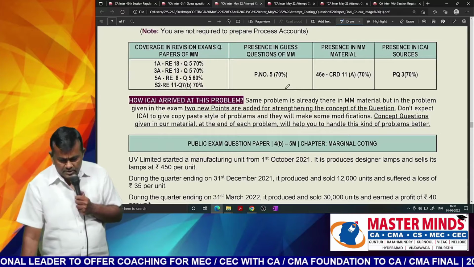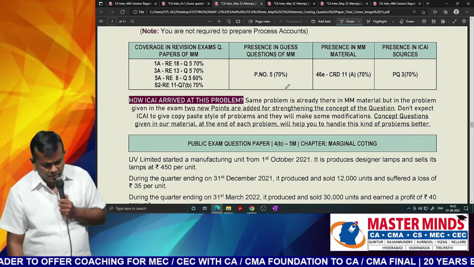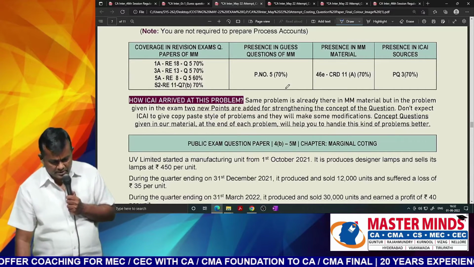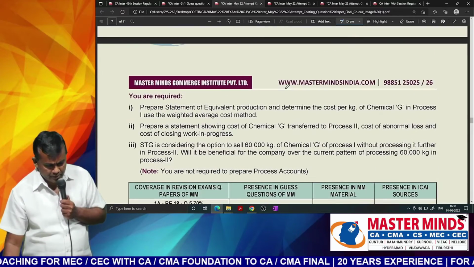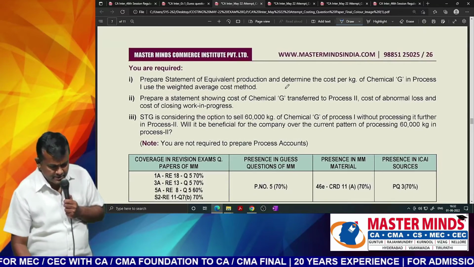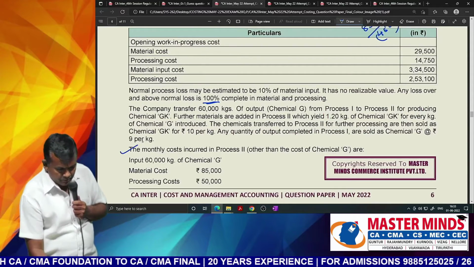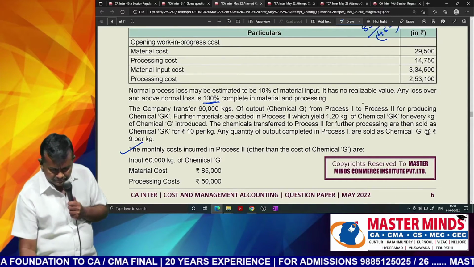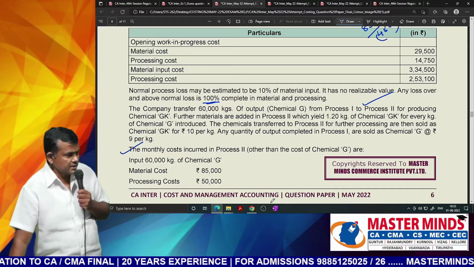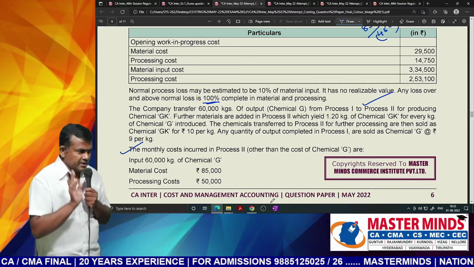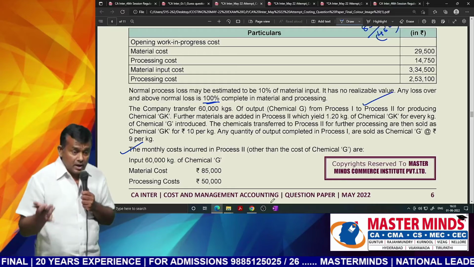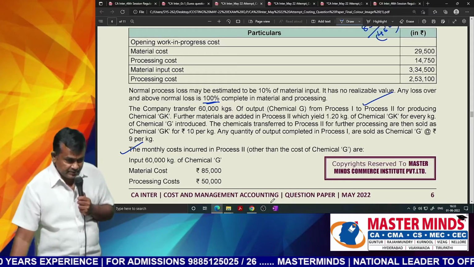The same problem is already there in the MM material, but in the problem given in the exam, 2 new points are added. Process 2 details: in the MM problem only process 1 details are given, but here process 2 details are also given.